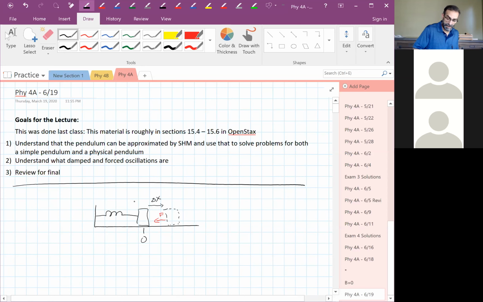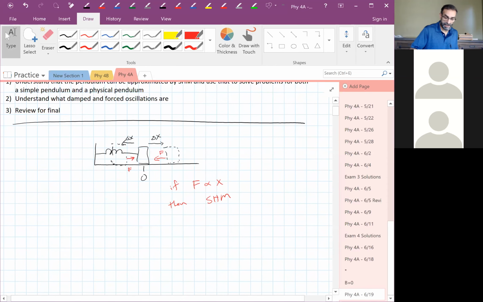If we moved it this way a little bit, there's a force this way toward the equilibrium position. The force wants it to go back towards the equilibrium position. If that force is proportional to the displacement, then we have simple harmonic motion.